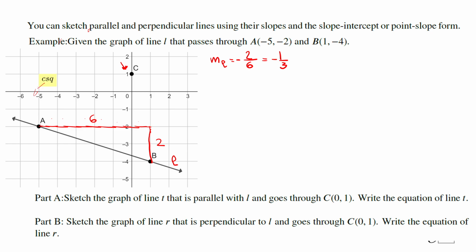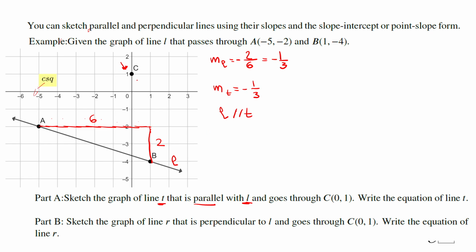Now, we need the line that is parallel to L, line T, right? So what will be the slope of that line? The slope of line T will be the same, -1/3. Why? Because lines L and T are parallel lines, so they have to have the same slope.